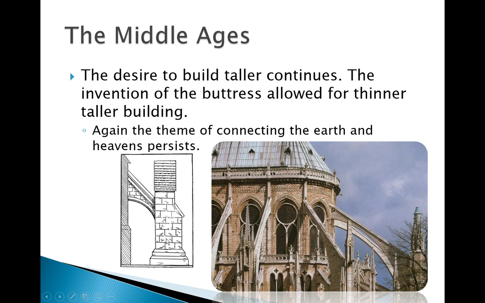Same idea as the arch that we saw in the Colosseum in the previous slide. Now again, this idea of going taller, it's that same idea going all the way back to the pyramid of connecting the earthly with the unearthly, or transcending or moving higher up into the unknown, going up. And that's something that goes on to this day, building taller, building bigger.